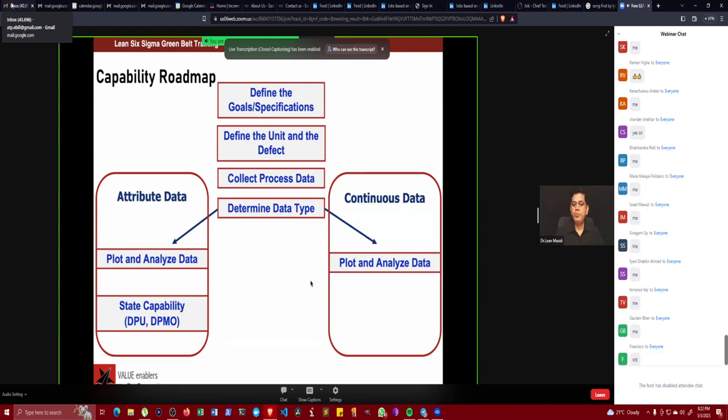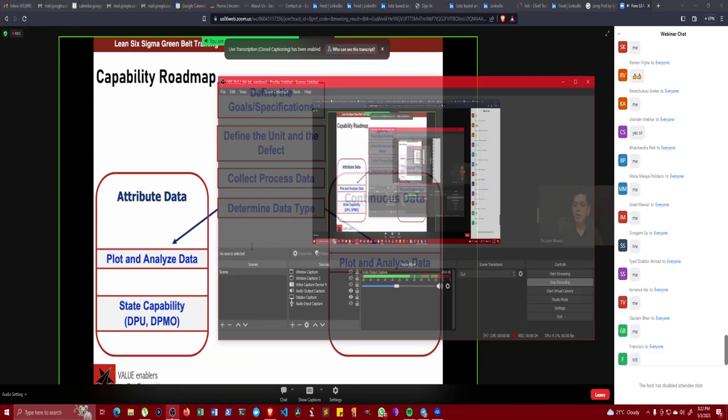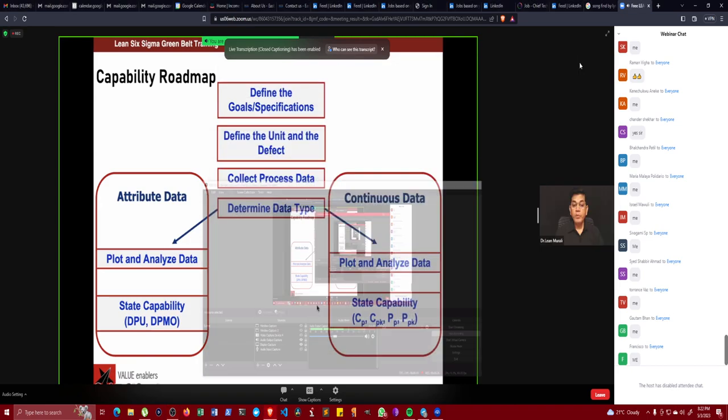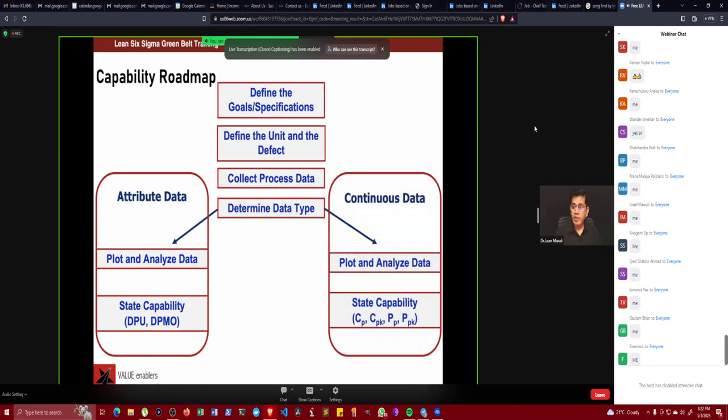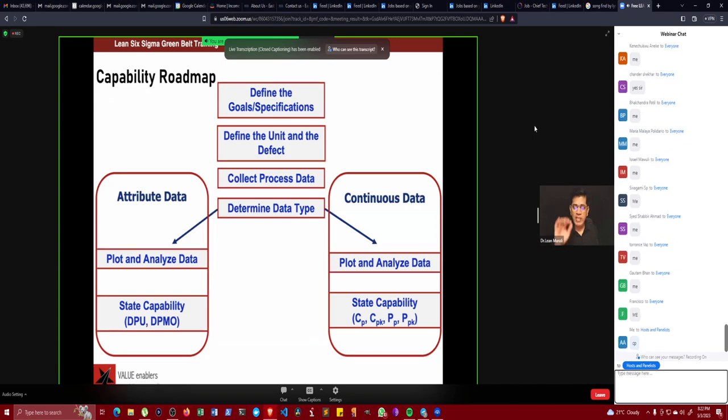Now, for continuous data, we are going to calculate what is called CP/CPK and PP/PPK. All of you write in your notebook CP and PP. That alone is sufficient for now.